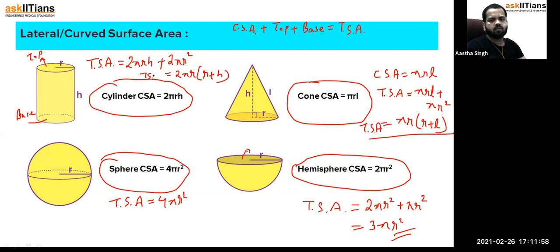This is your TSA. I think you all have got the point. Calculate the CSA and just add the top area and bottom area, and you will get the total surface area. In the case of a sphere, there is no top and no bottom, so the curved surface area and total surface area are both the same, that is 4 pi R square.